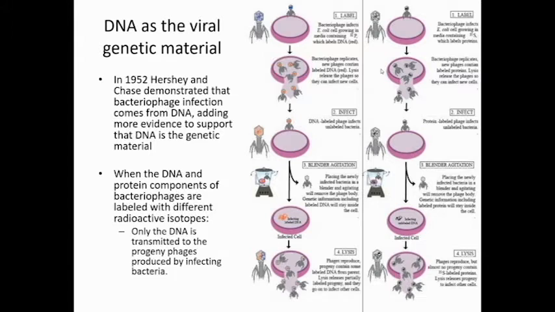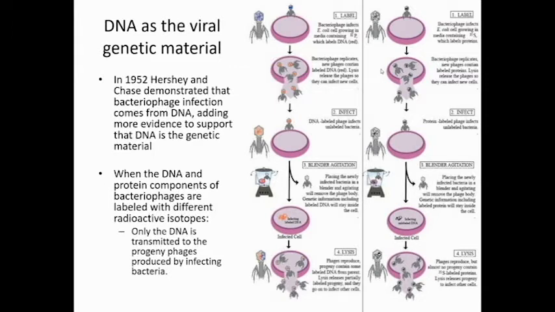If the genetic material is protein, then the virus later on will carry the S35. So based on this experiment, they identified that the P32 is inside the virus, and so they confirmed that the genetic material is DNA for the bacteriophage.